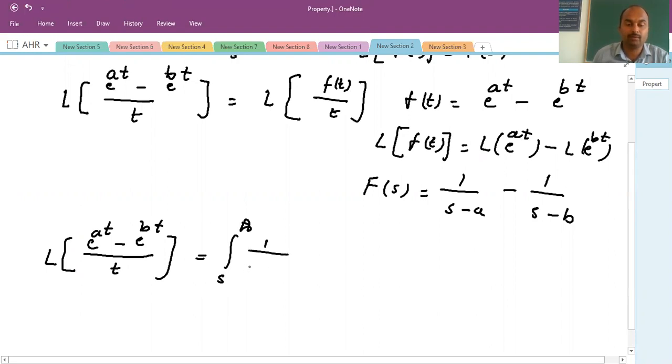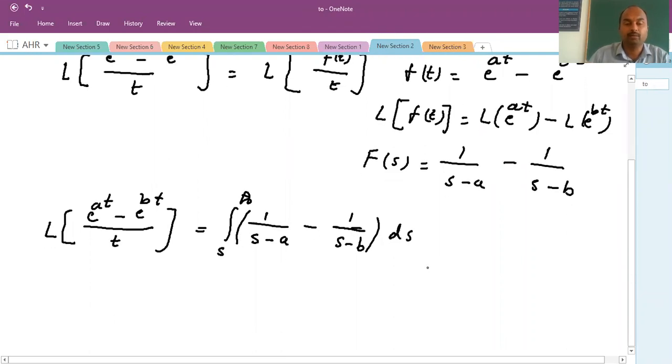of F(s), that is 1 by s minus a minus 1 by s minus b, ds. Integrate with respect to s. 1 by s minus a integration is log(s minus a), and 1 by s minus b integration is log(s minus b).